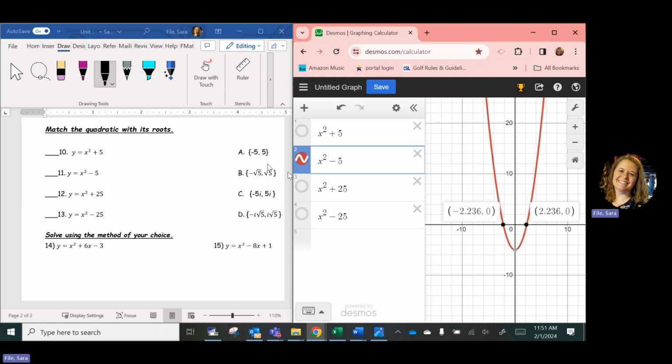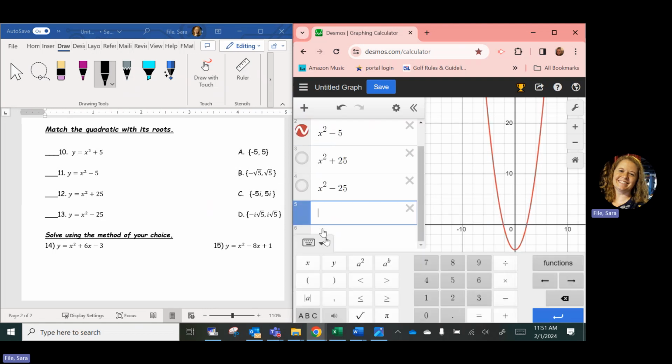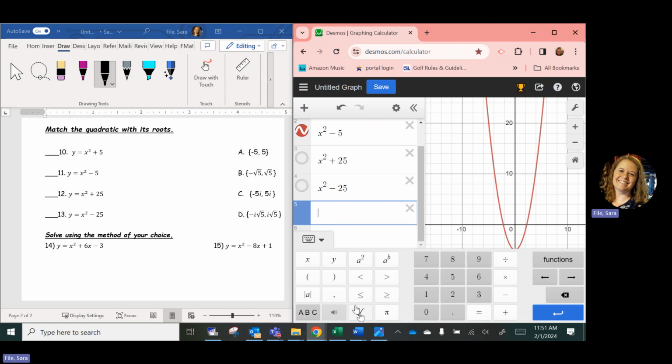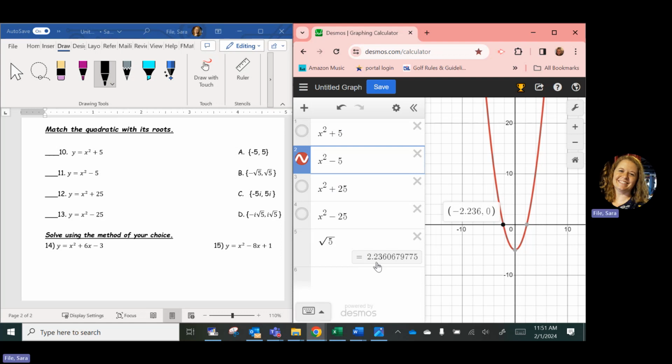It must be the square roots of 5. And if you wanted to check that, you could type in the square root of 5, and you could see that is the decimal for square root of 5, positive and negative. So we know that 11 then must be B.